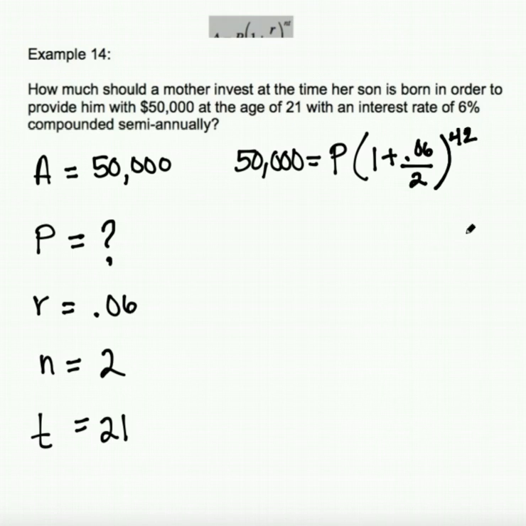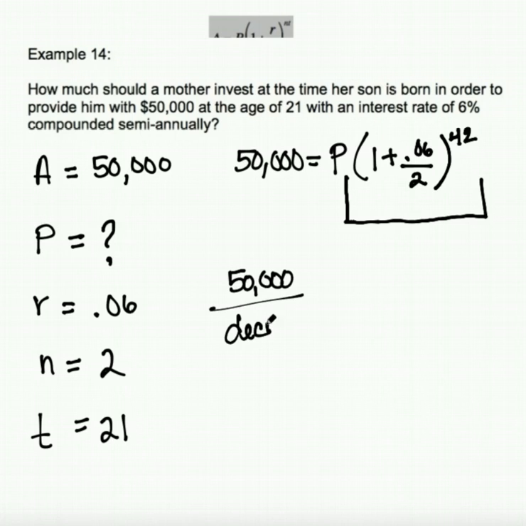So now to do this in your calculator, you want to calculate this part first: 1 plus 0.06 divided by 2 raised to the 42nd power. Do that and you're going to get a decimal. Then you're going to take 50,000 and divide by that decimal you get in the calculator. And that's how we're going to solve for P.